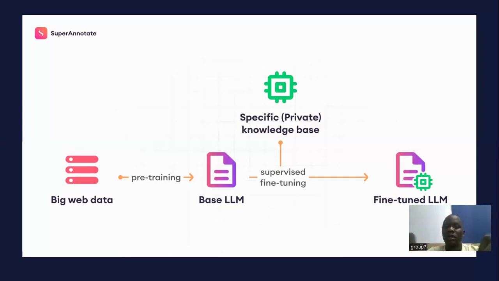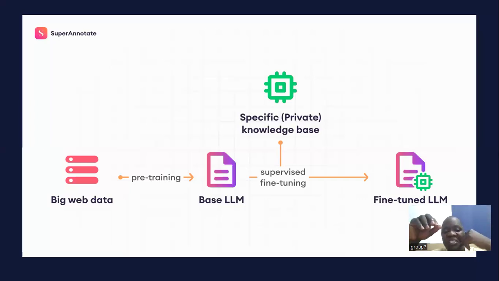Then this leads you to the final step, the fine-tuned LLM. That is the third step. The final output is a fine-tuned LLM that can answer the domain-specific queries generated by the users.